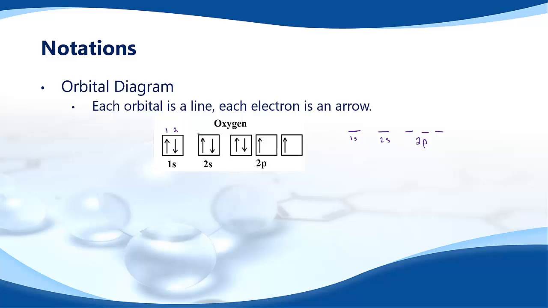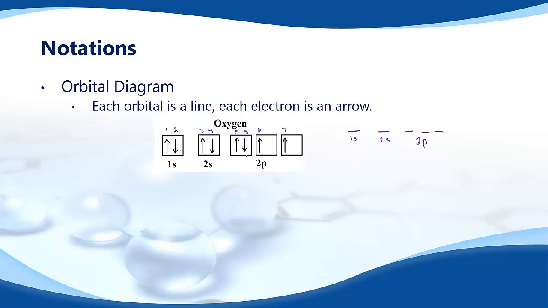Then I fill up my second sublevel. This is number 3 and 4. Now I fill up my 2p. So number 5 goes here. Following Hund's rule, 6 goes into the next orbital, then 7 into the last orbital. And now I come back and I put number 8 in here.